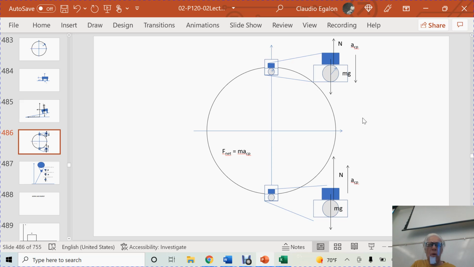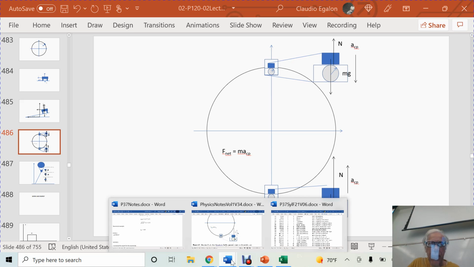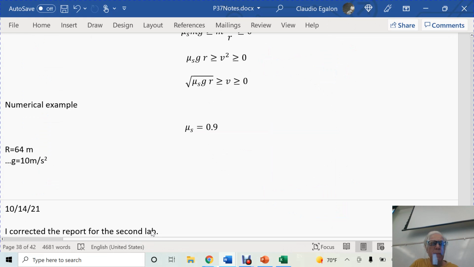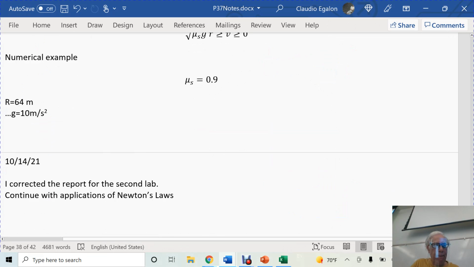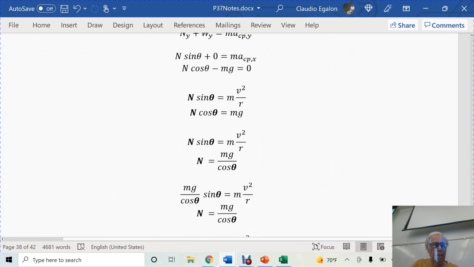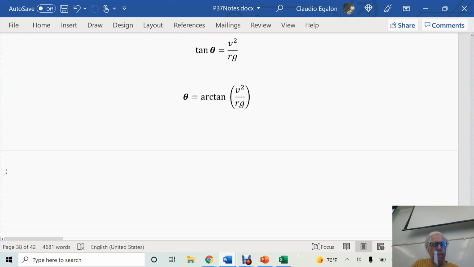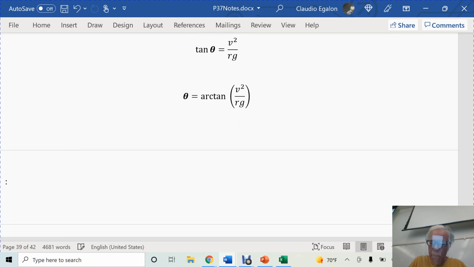So the idea is calculate the apparent weight at the top and the apparent weight at the bottom. Okay, so let's do it. Example of the Ferris wheel.